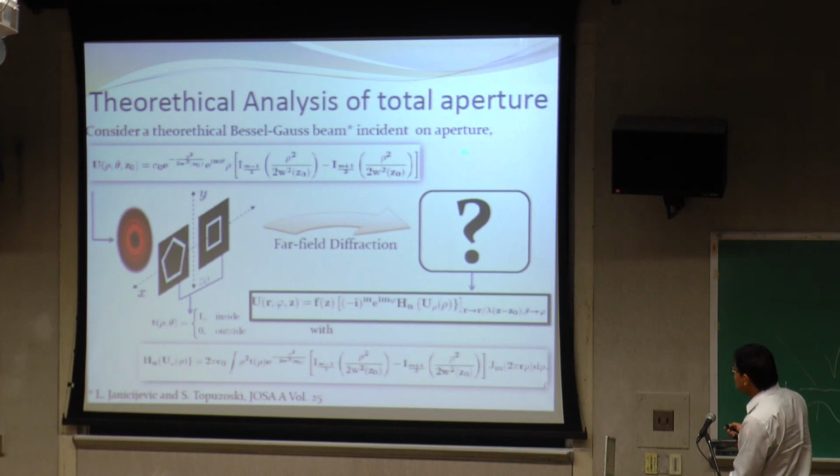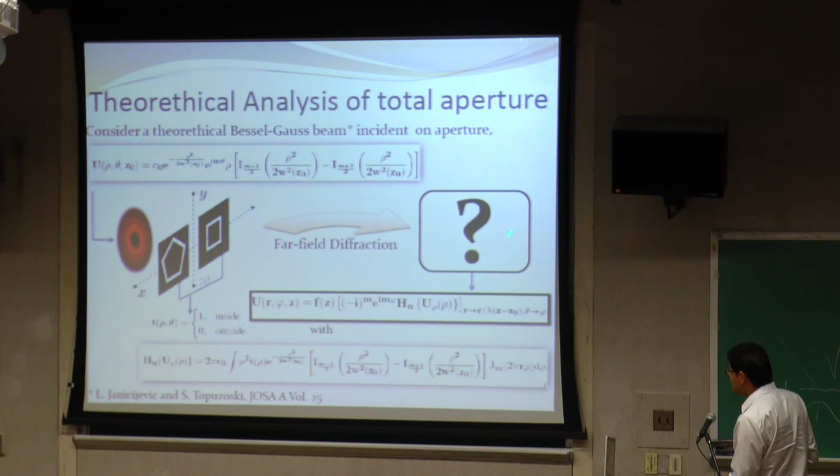For the theoretical analysis of the complete aperture, we consider a Bessel-Gauss beam of this form, diffracting in the far field.